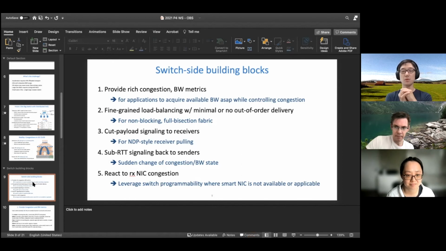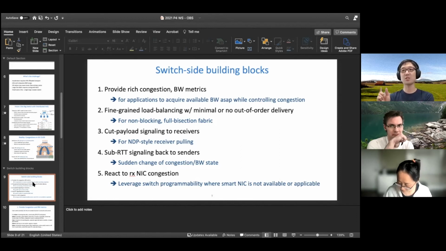But I think the good high-level question, going back to Peter's statement about multiple problem statements, is this: the reason why RoCE is really hard to tune is mainly contributed by the fact that the congestion signal is not timely, not accurate, and not really precise. It's just a 1-bit binary signal.